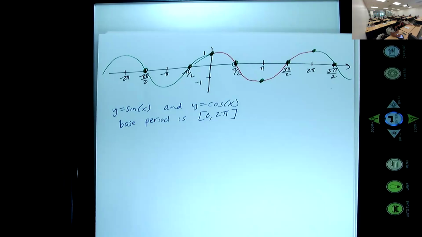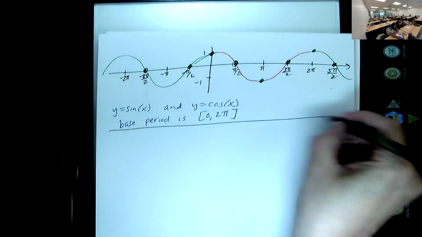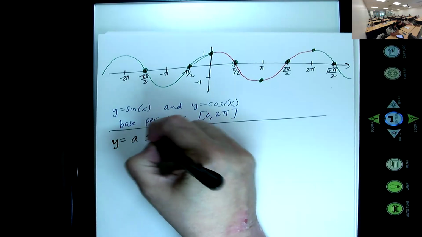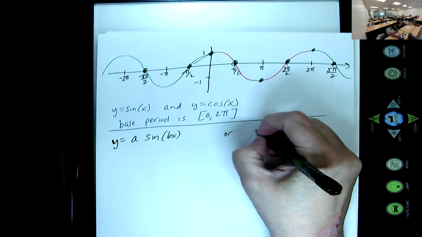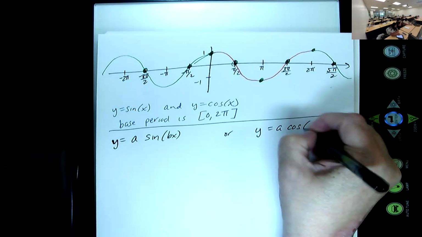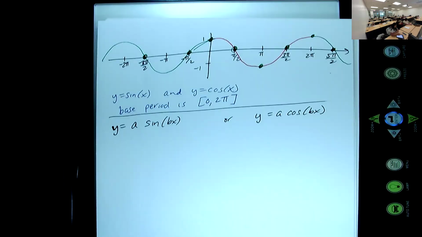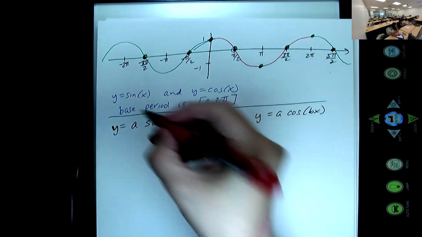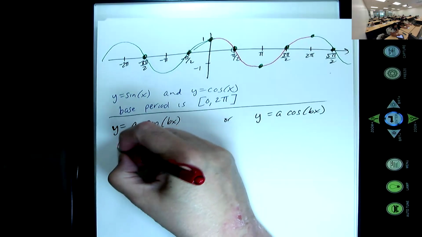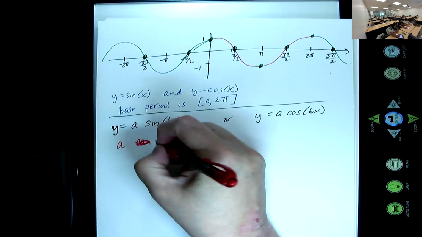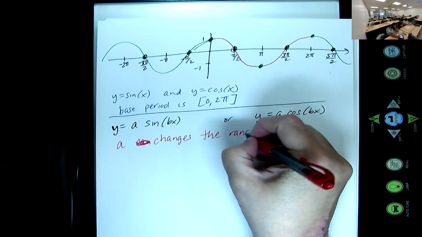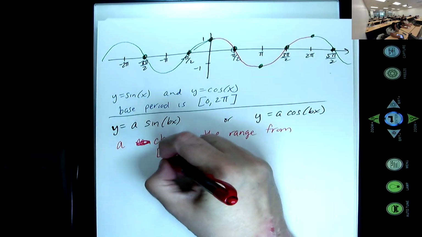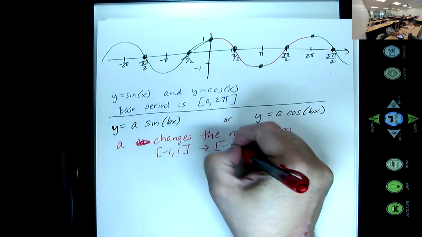So let's introduce something different. Let's take a look at y equals a sine of bx. Or the equivalent holds true for y equals a cosine of bx. What this does to the graph is the a changes the range, from -1 to 1 to -a to a.